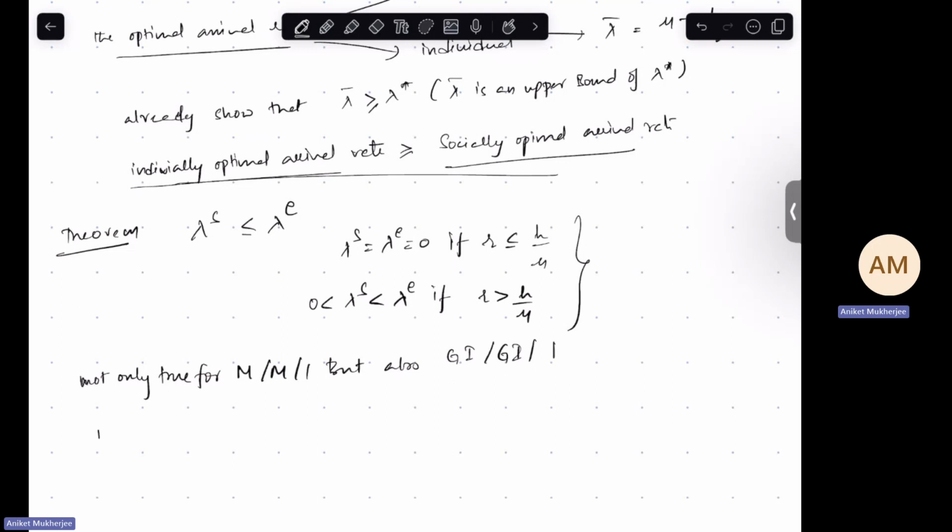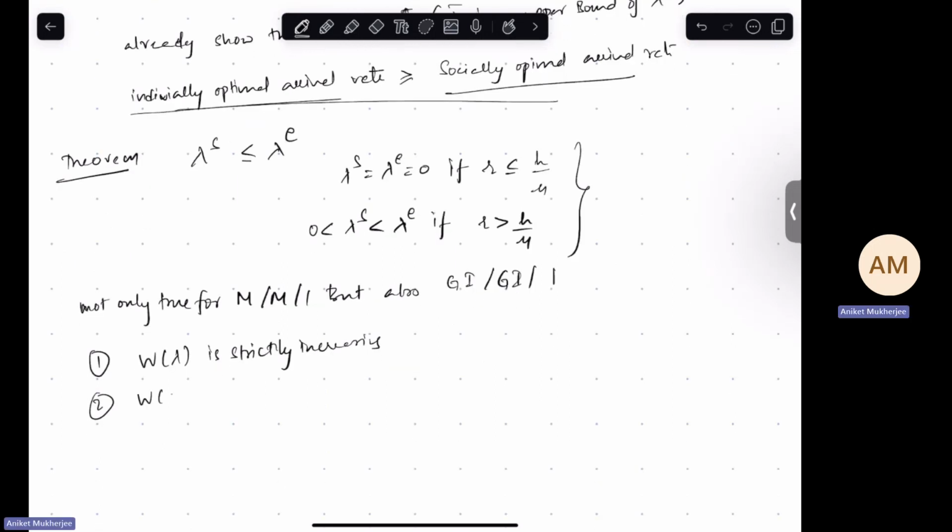It holds strictly. So what are the properties that we used to show these upper bounds? 1. W lambda is strictly increasing, right? 2. W lambda tends to infinity as lambda tends to mu.